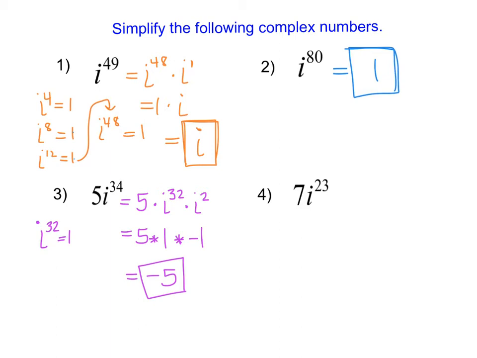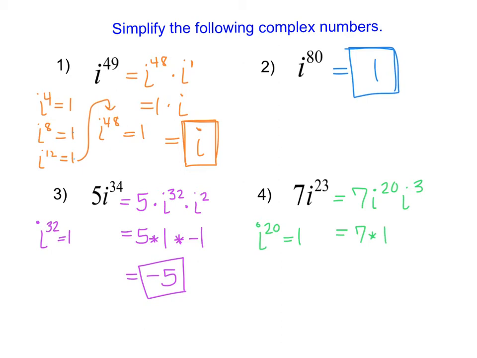And then finally, if I look at that last example there, again, I know that i to any power that is divisible by 4 is going to be 1. So I know i to the power of 20 is going to give me 1. So I can rewrite this as 7 i to the power of 20, and then it's i to the power of 3, which here I know is 7 times 1.